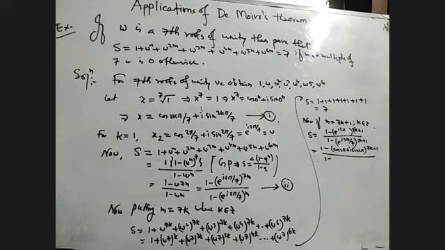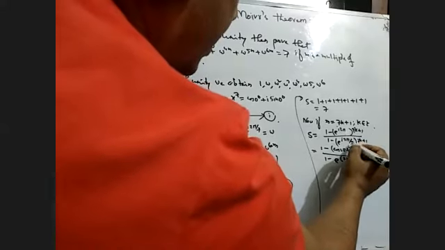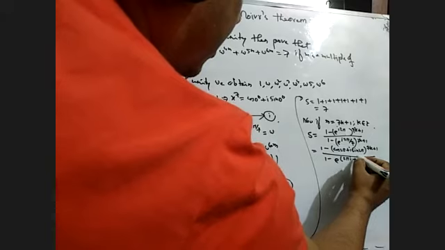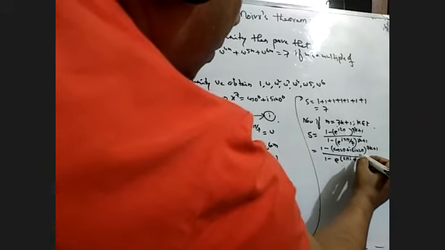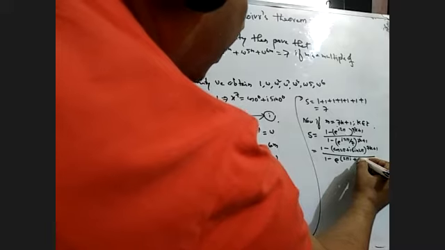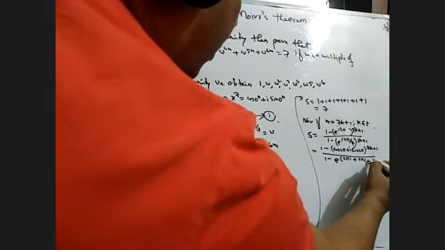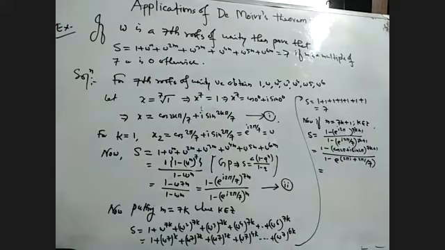This can be written as twice k pi plus twice pi i by 7.